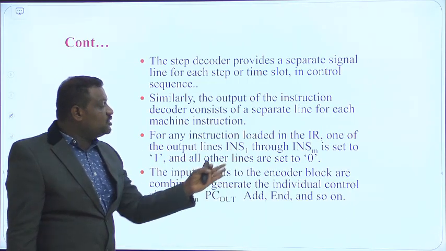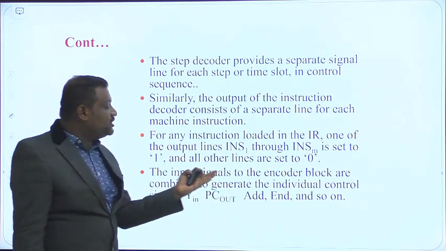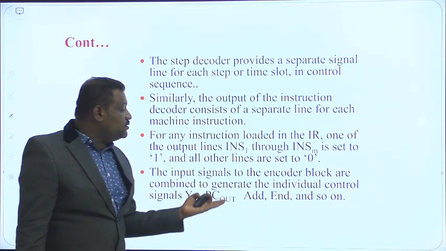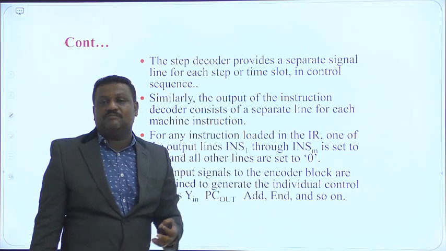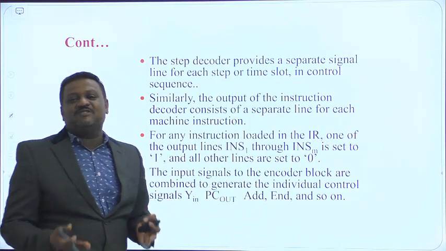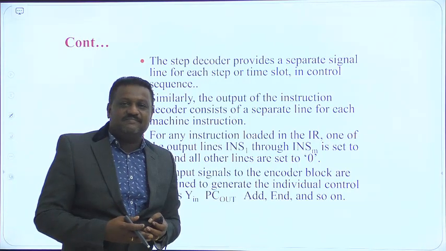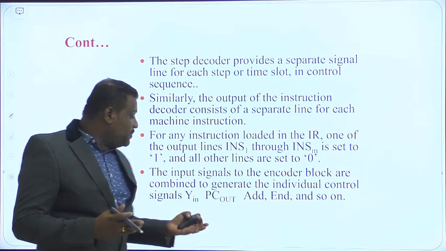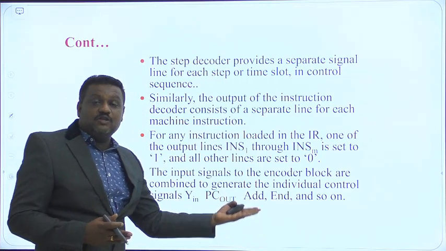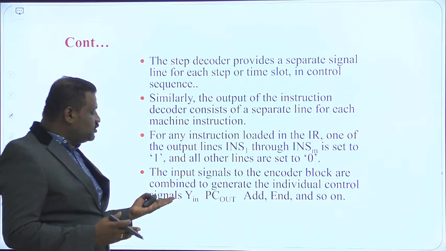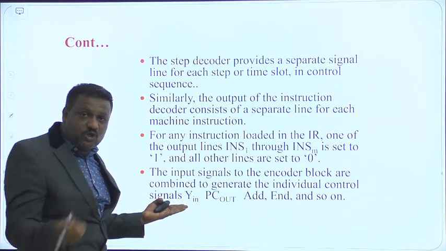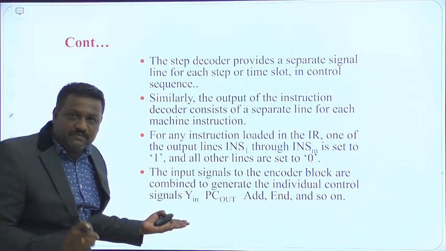The output signals to the encoder block are combined to generate the individual control signals, like PC out, add, end and so on. So what are the control signals I get at the output of my encoder? Those control signals are individually useful for me. Yin, that is the signal necessary to load the Y register with its input value.